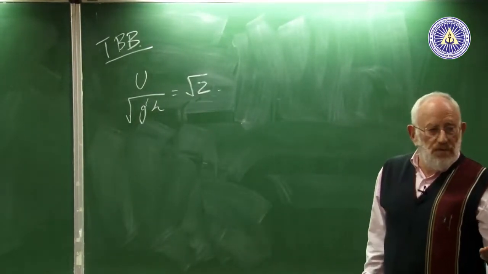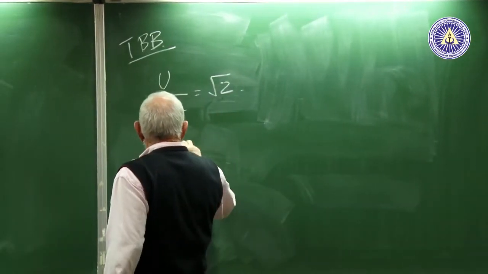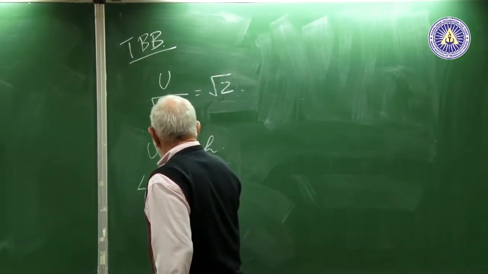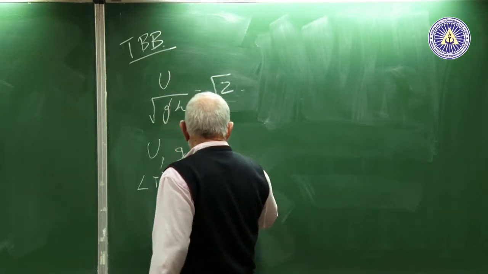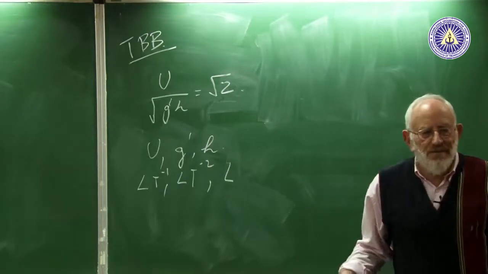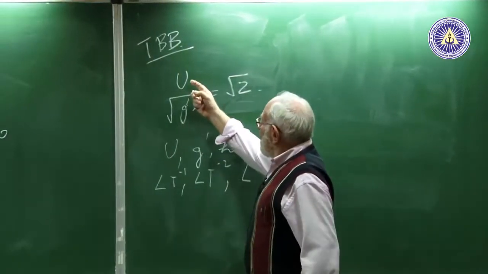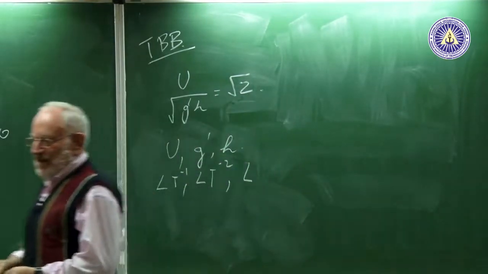The other thing which I don't think Brooke really realized is you've got u, you've got g prime, and you've got h. This is L t to the minus 1, this is L t to the minus 2, and this is L. There's only one rule and there's nothing else. You don't have to know about anything, really, to get that this is at least close to root 2.